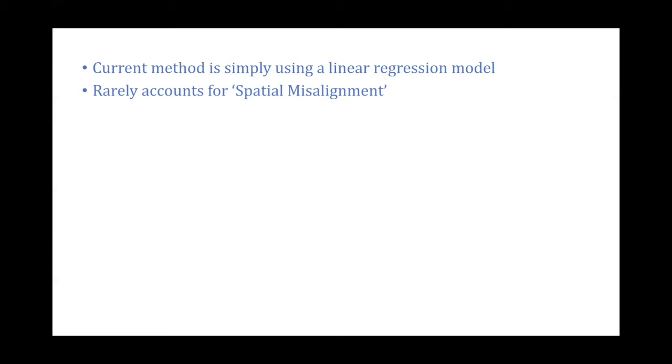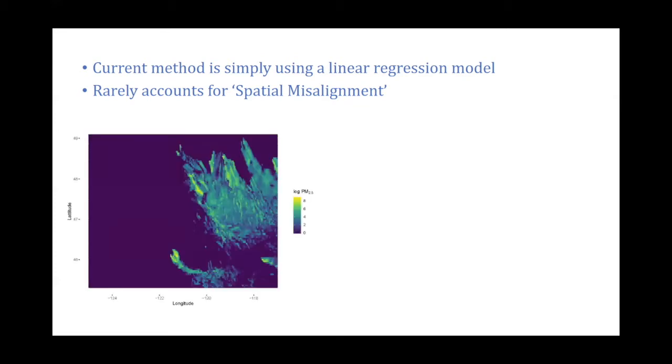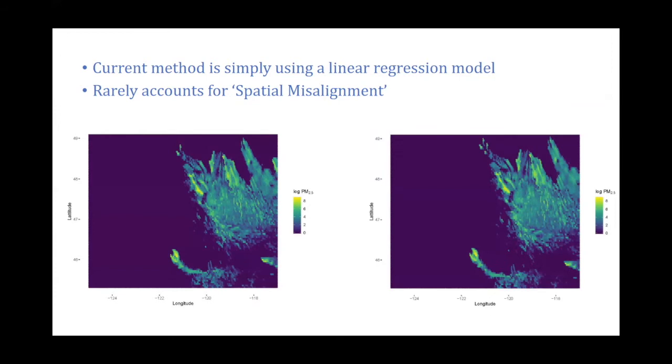And what I mean by spatial misalignment is, consider this scenario where this image is your original forecast. However, this image on the right is the actual observation or how it actually turned out to be.